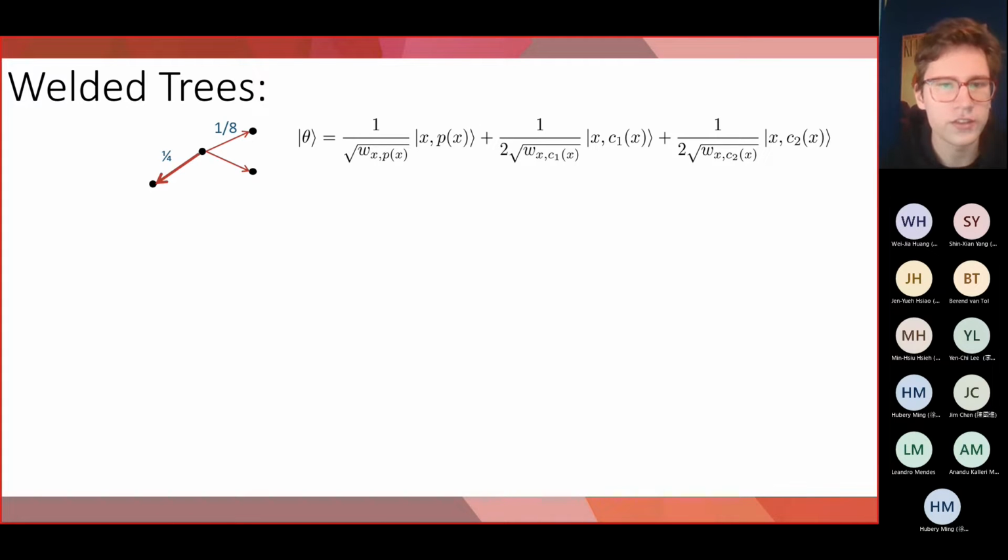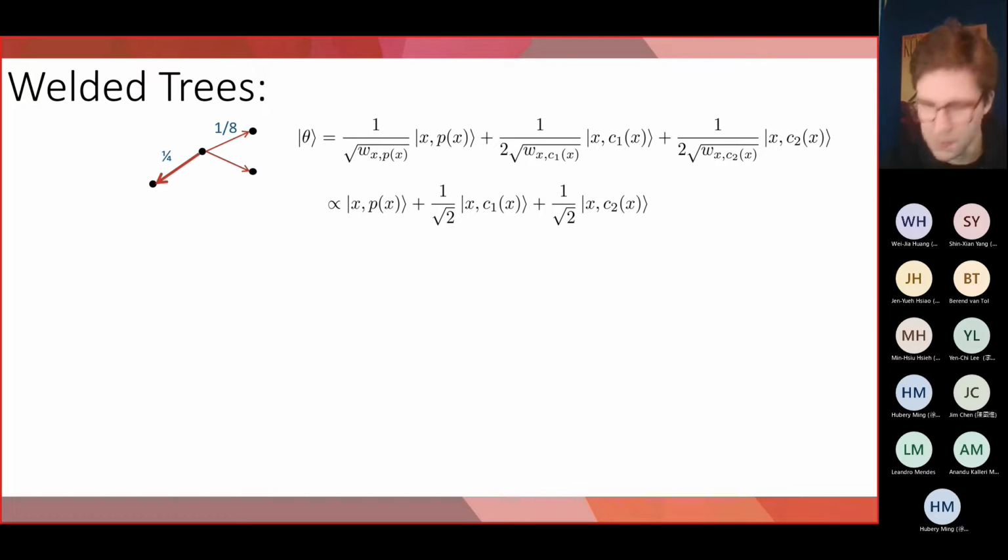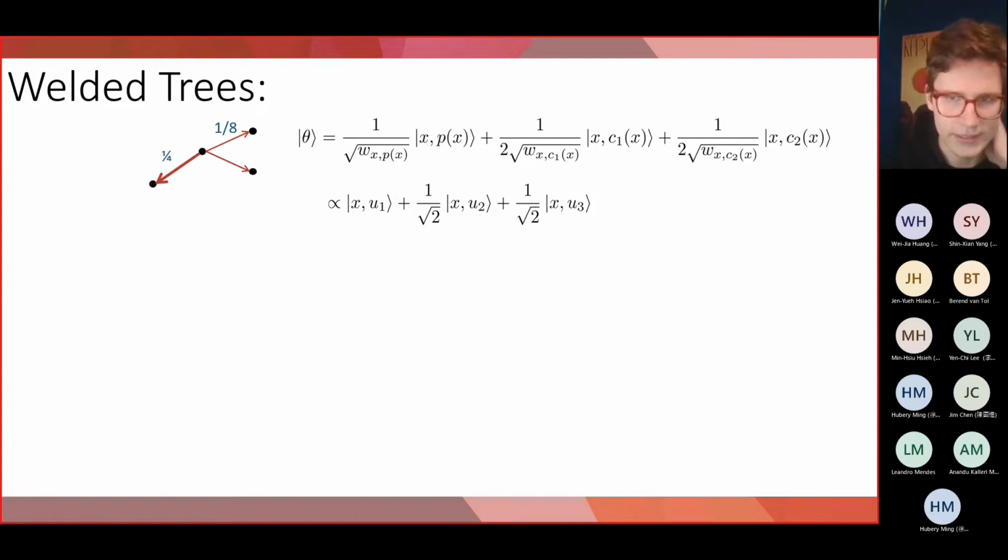So note that the weights of the children are half the size of the weight of the parent. So that means that our flow is actually proportional to the following state. Okay, and now consider our alternative star states. And for now, I'll just assume without loss of generality that the parent is u1 and that the children are u2 and u3. So this will just change into this.